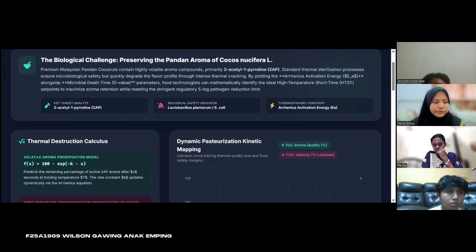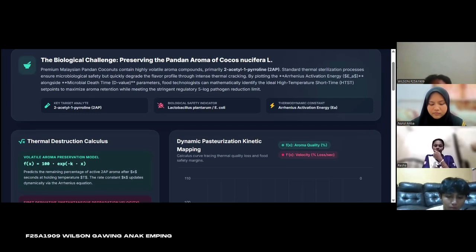Okay, the summary of the chosen bioscience problem. The bioscience problem we are addressing is the preservation of the volatile pandan aroma in coconut during pasteurization. The signature scent of this coconut comes from a highly volatile compound called 2-acetyl-1-pyrroline.